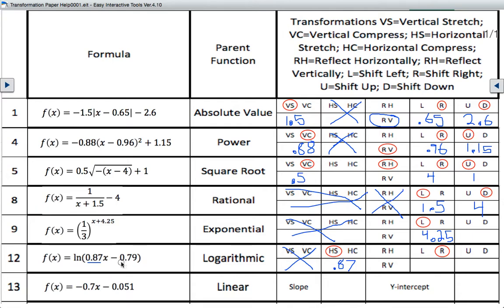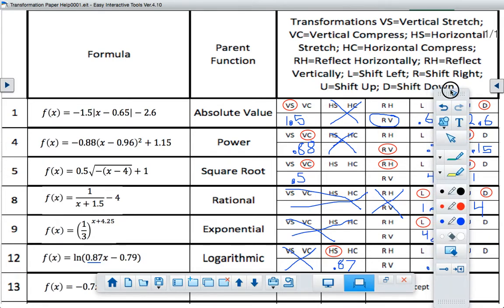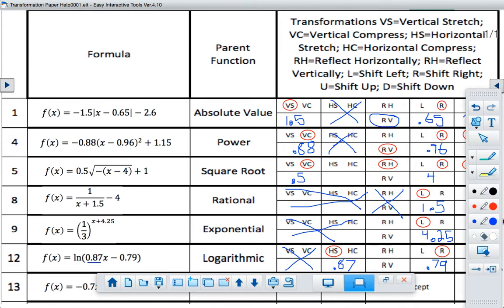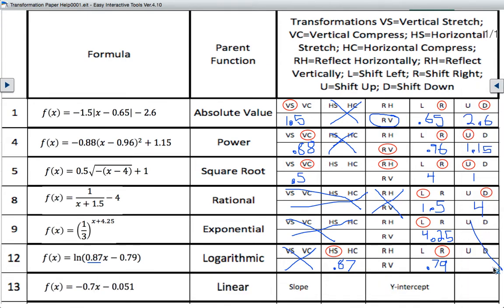Don't forget that. Okay, and then this is going to the right, 0.79 units. Okay, and it's not going up or down at all. Again, you don't have to cross these out, but you can if you want to.